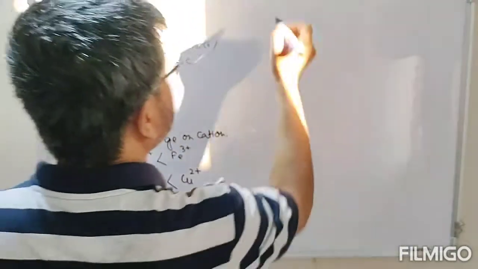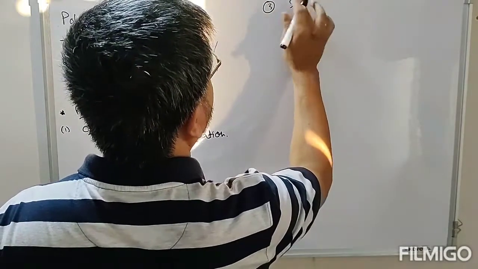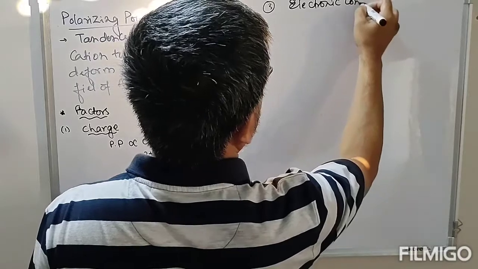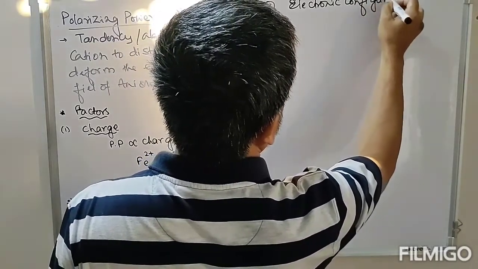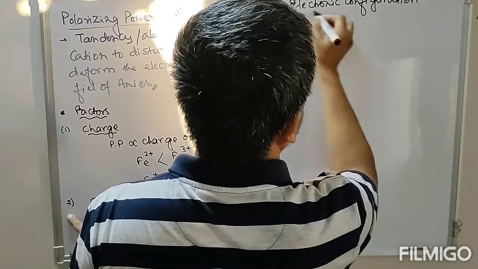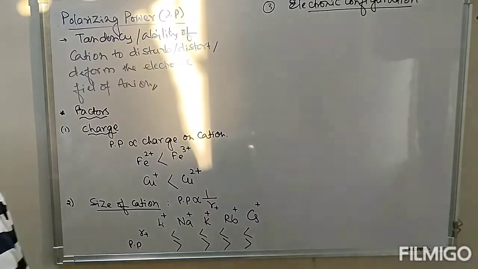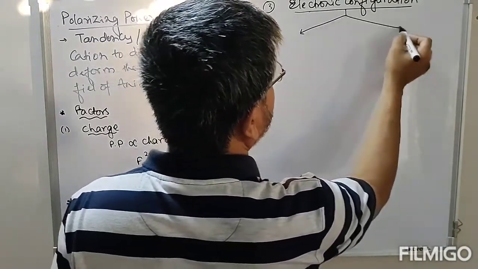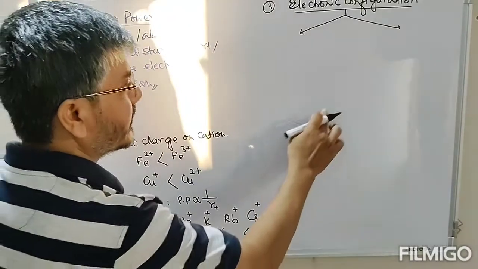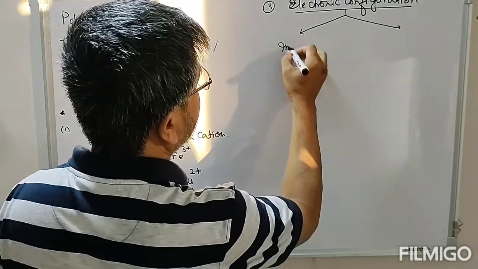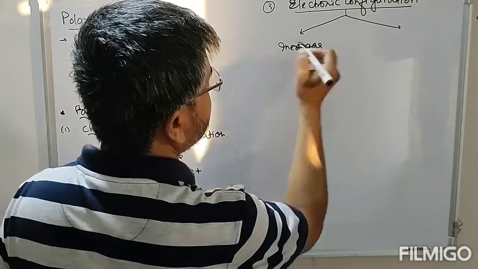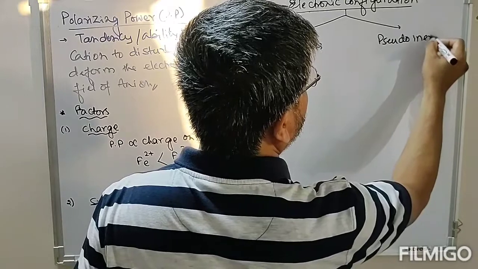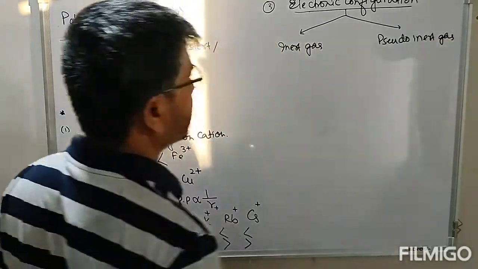Then the third factor is the electronic configuration of the cation. This electronic configuration we can divide into two headings. One is known as inert gas configuration, the other one is known as pseudo inert gas configuration.